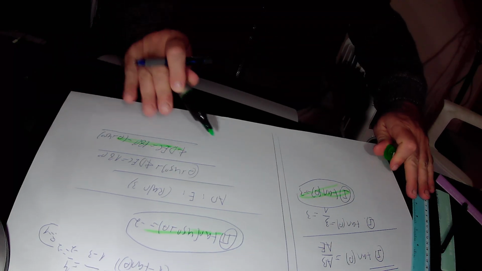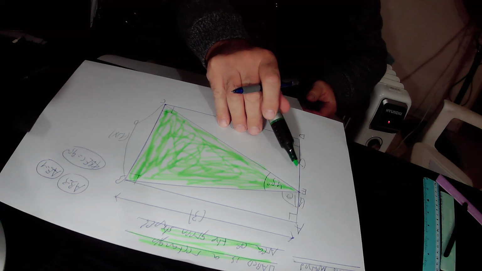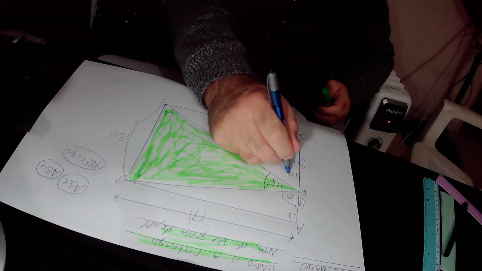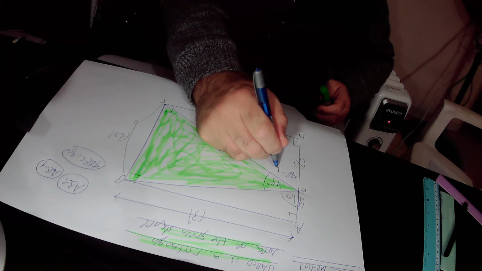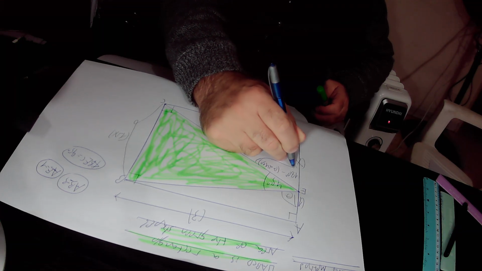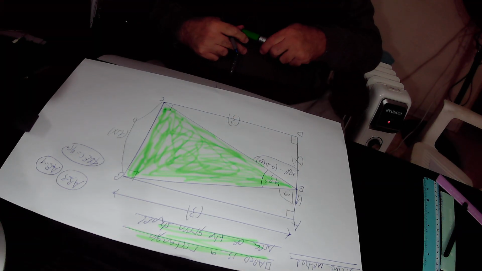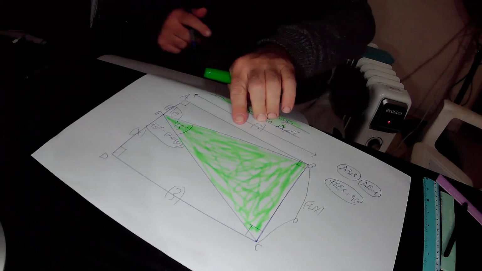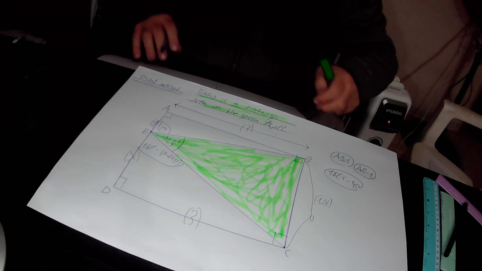So we found out that this missing angle DEC equals 180 degrees minus (theta plus 45 degrees). In the next step, we'll focus on this right triangle EDC.